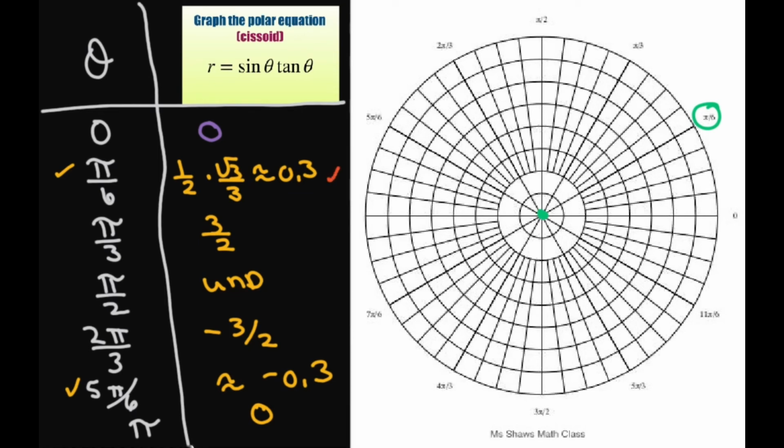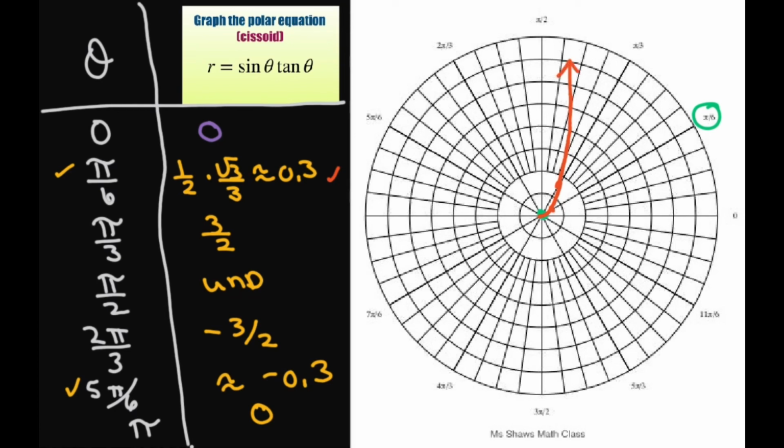So let's go out a little bit here. At pi divided by 3, it's 1 1/2. And at pi divided by 2, it's going to be undefined. So it's going to kind of go out this way, but it's never going to cross pi divided by 2. Something like that, I think.